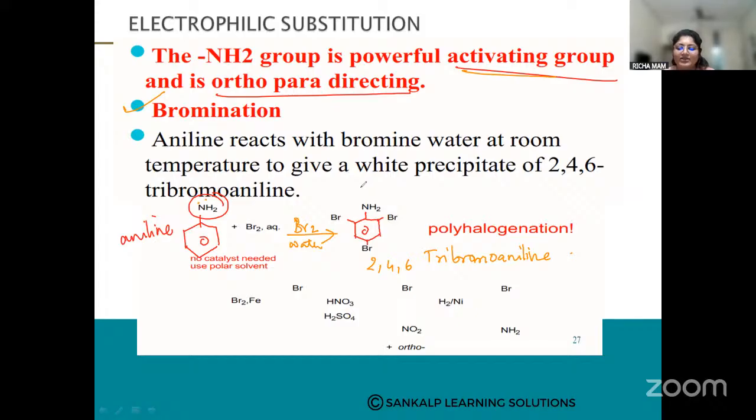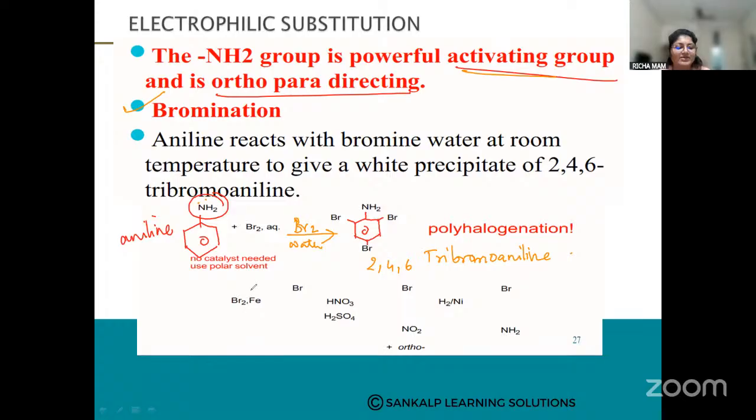Then you will get the monosubstituted amine. Now this is a tri-substituted amine, right? So if you want a monosubstituted amine, first you have to do the acylation. You acylate the group so it will be protected, and then you do the monosubstitution. So that is about your bromination.